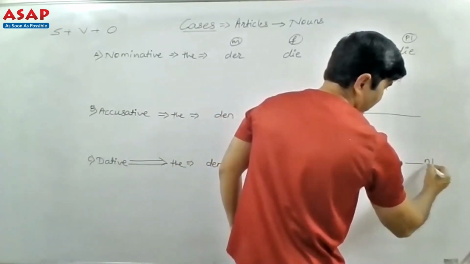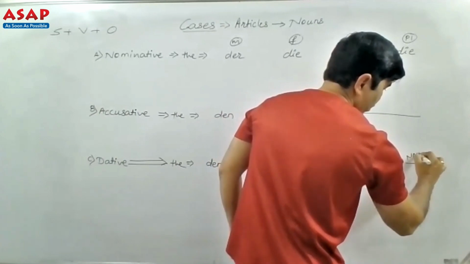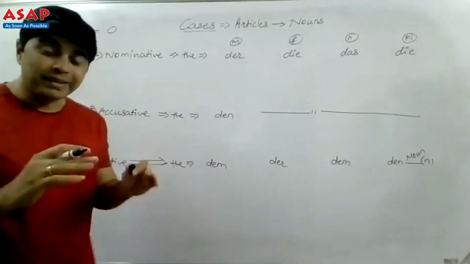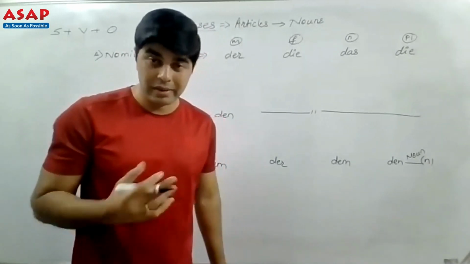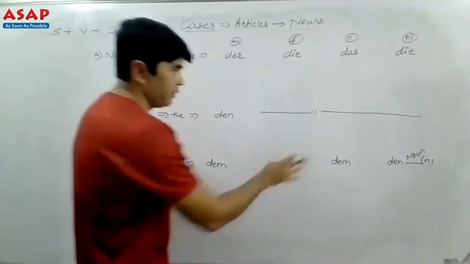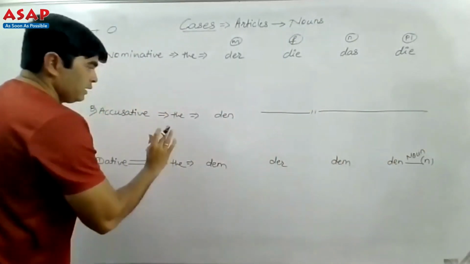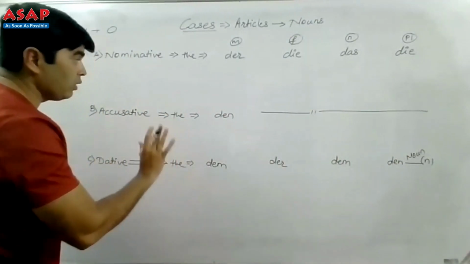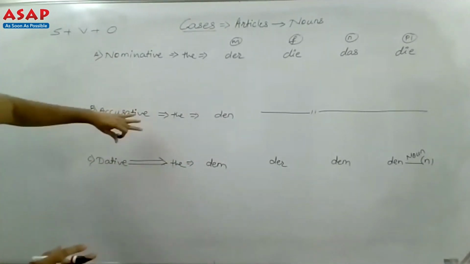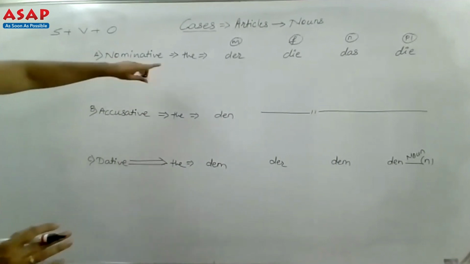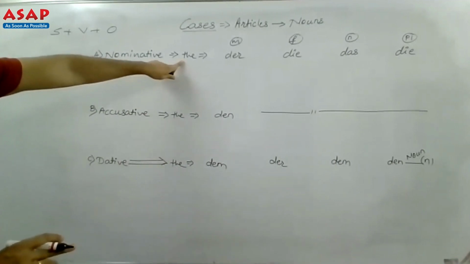That is plural, and the noun will take an extra n. When we see the examples, you will understand it better. So right now, don't worry if you are not picking up everything. So these are the articles. Now let's see how to use them. We'll just check how to use these articles.